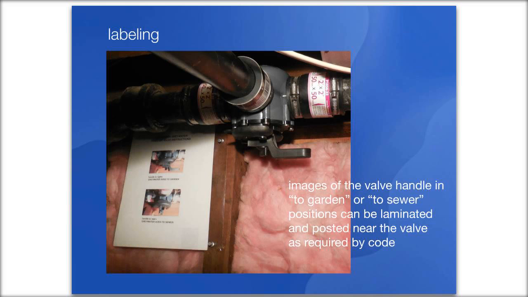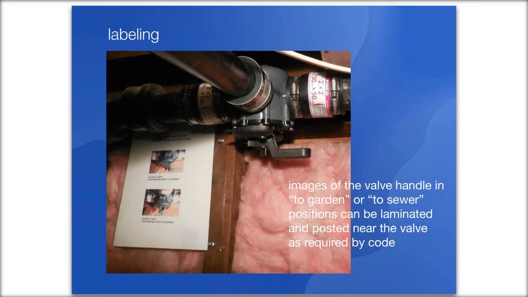So labeling, we mentioned before, you always want to label the three-way valve so that anyone who is looking at it would know how to make the Greywater go to the garden or make it go back to the sewer or the septic. And typically the image, here we took pictures of the valve handle in both positions.